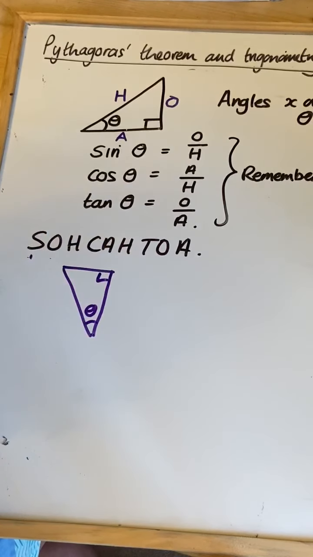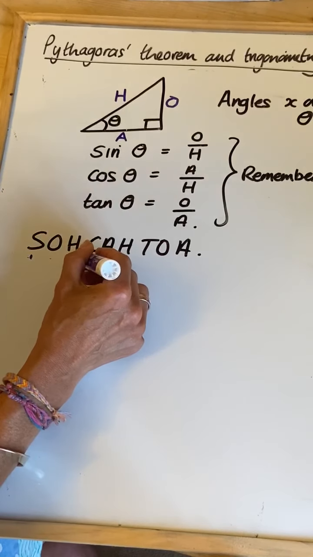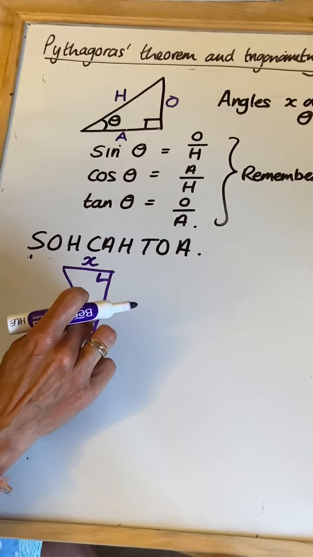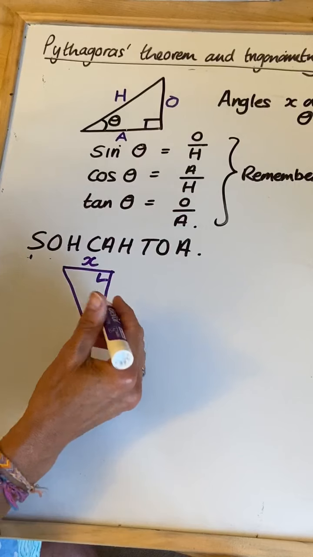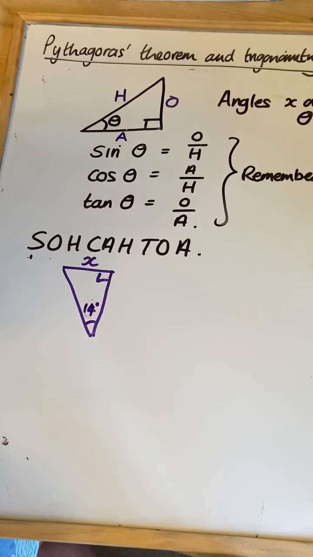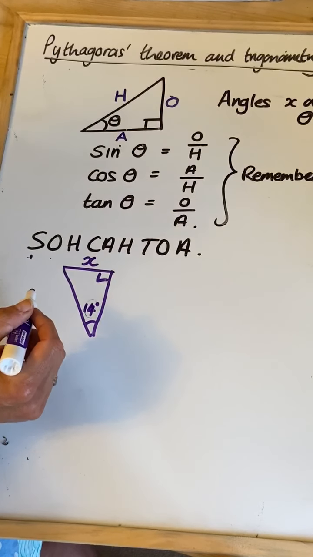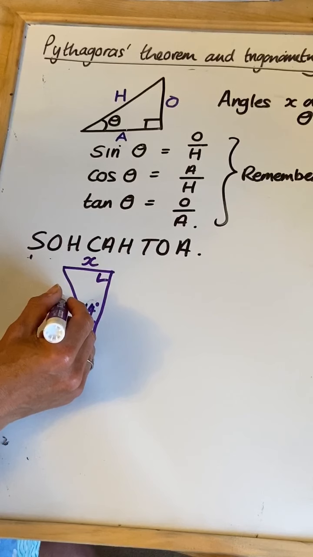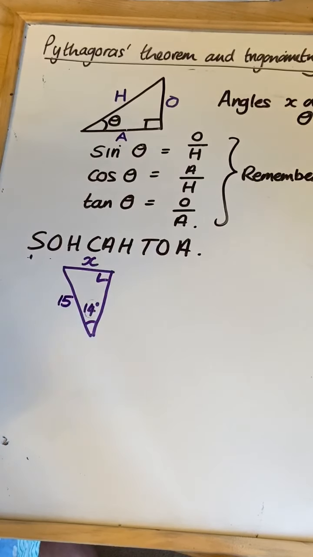There's my right angle. And I'm going to say that's my missing side up there. Let's say that I know theta is 14 degrees, so a little angle. And I'm going to say that I know my hypotenuse, in this case, it's 15 centimetres.